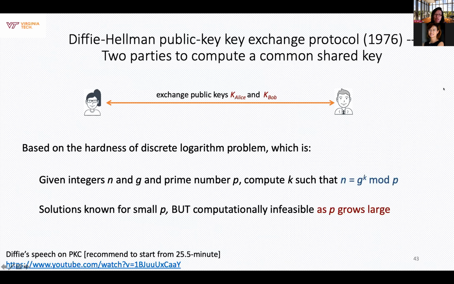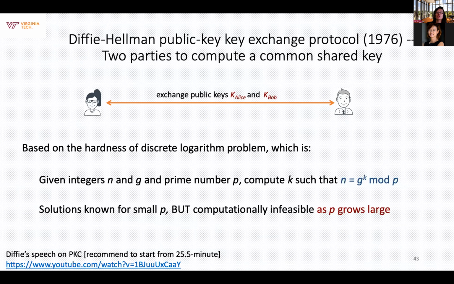In this particular setting, given a base G, the generator, and a prime number P, the exponent K, where you have G to the K modulo P. Modular operation is a very common operation in cryptography, and for now you can just consider modulo as not being there. And so guessing the value K when you know G and P is extremely difficult.